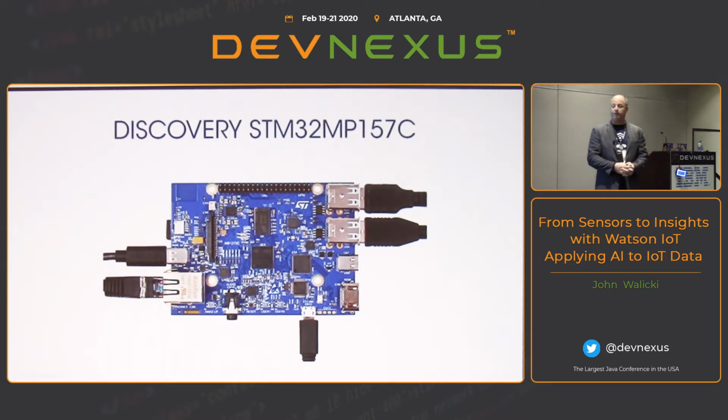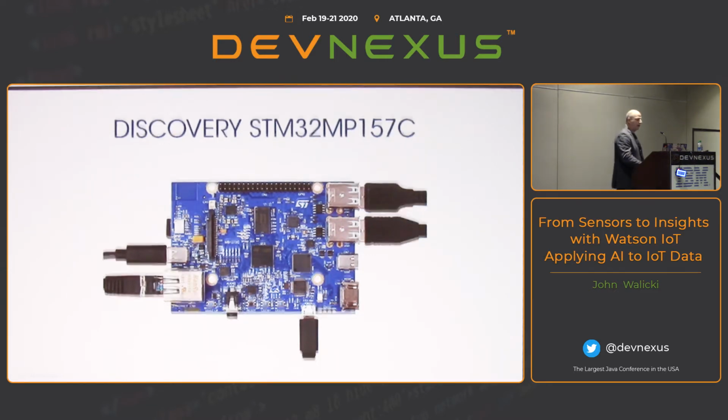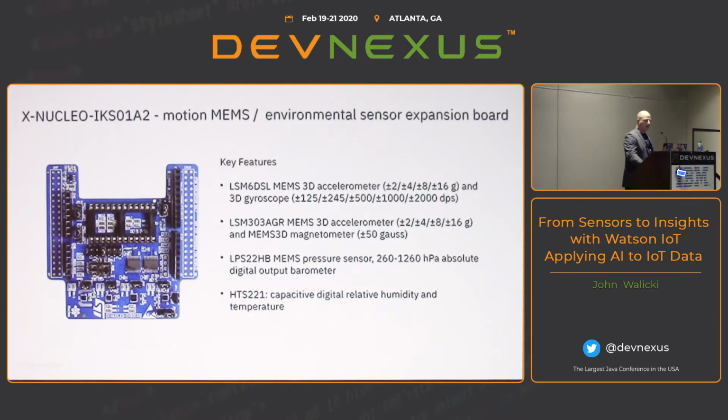It's a microcontroller. What's interesting about this particular board, it's a microprocessor. So it runs Linux. And because it runs Linux, I can actually do some interesting things with it. I can put additional sensors on it. So here I added an environmental sensor board so I can get temperature, humidity, vibration, accelerometer, gyroscope.